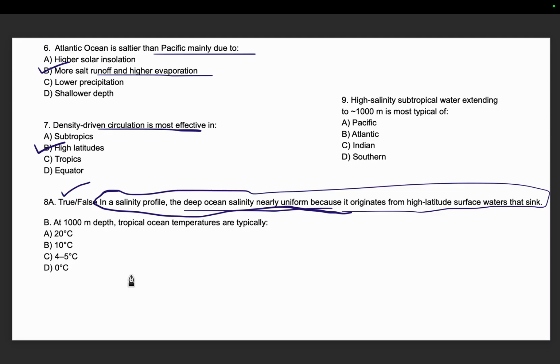Question 8b, at the 1000-meter depth, that is where the thermocline is ending, the tropical ocean temperatures are typically what? 20 degrees Celsius, 10 degrees Celsius, 4 to 5 degrees Celsius, or 0 degrees Celsius.